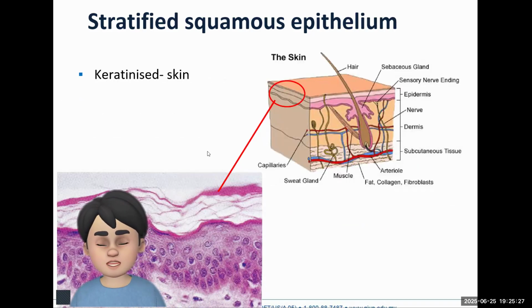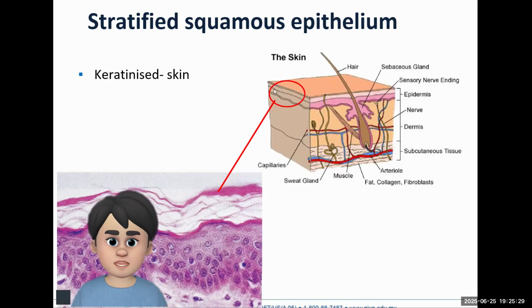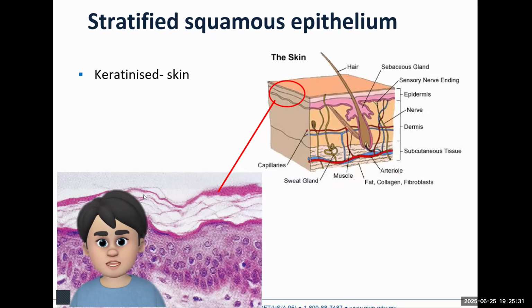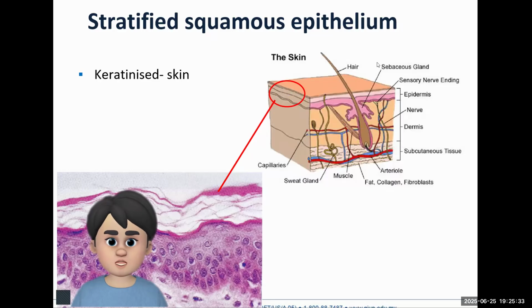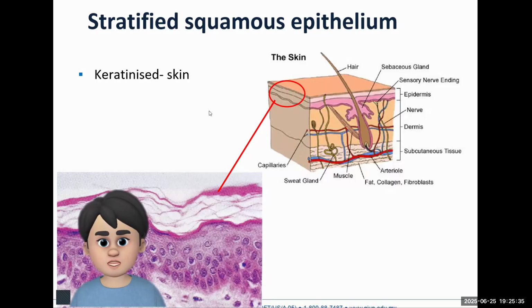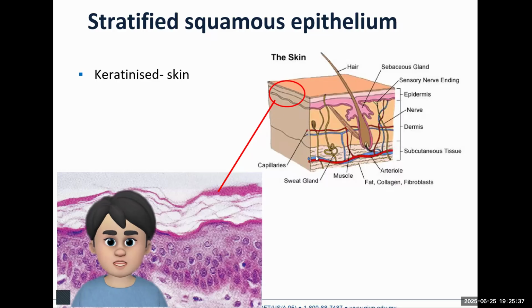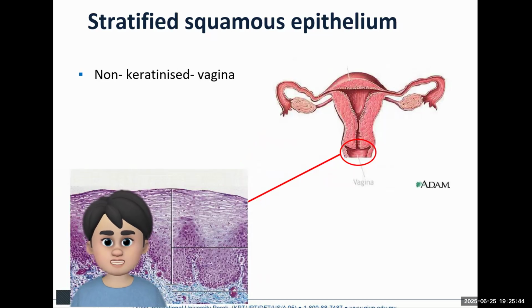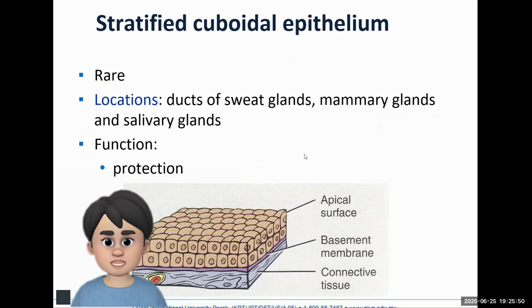Stratified squamous epithelium, right? You can see here K, this part. This is the cross section of the skin, and this is the upper part you see here, stratified squamous epithelium. Here, stratified epithelium is non-keratinized. It is in the vagina. In this area, you get this one. You can download this from the internet, right?